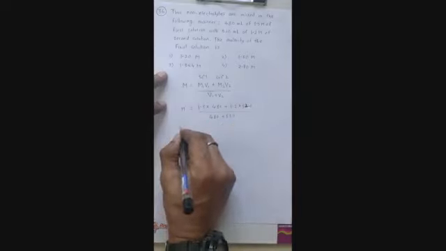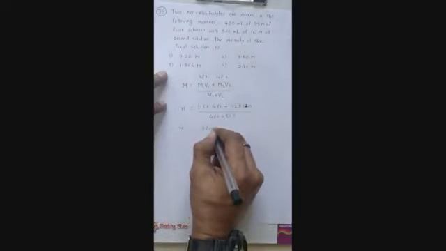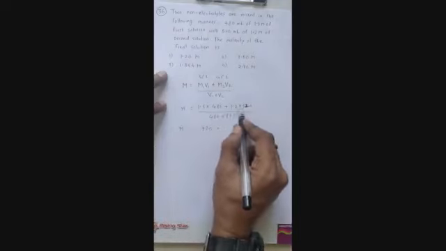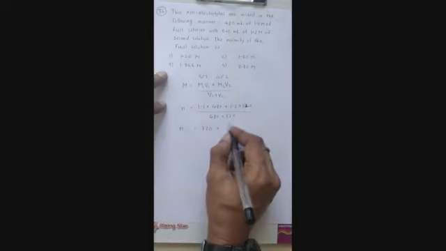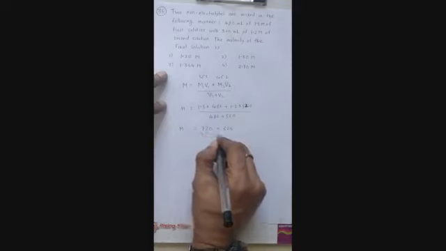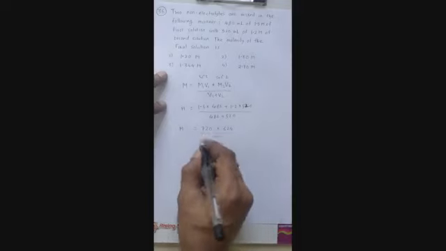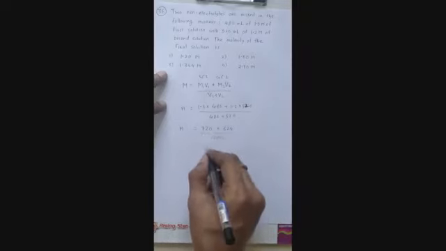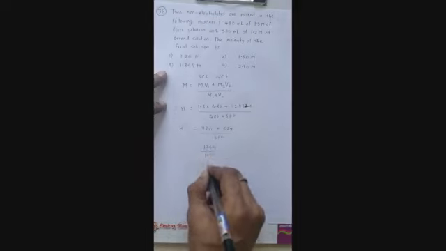Therefore, the multiplication of this part is going to be 720 and 1.2 into 520 will be somewhere around 624, upon 1000. So the addition of this is 1344 upon 1000. So your final answer is 1.344 molar. That is option number 3.